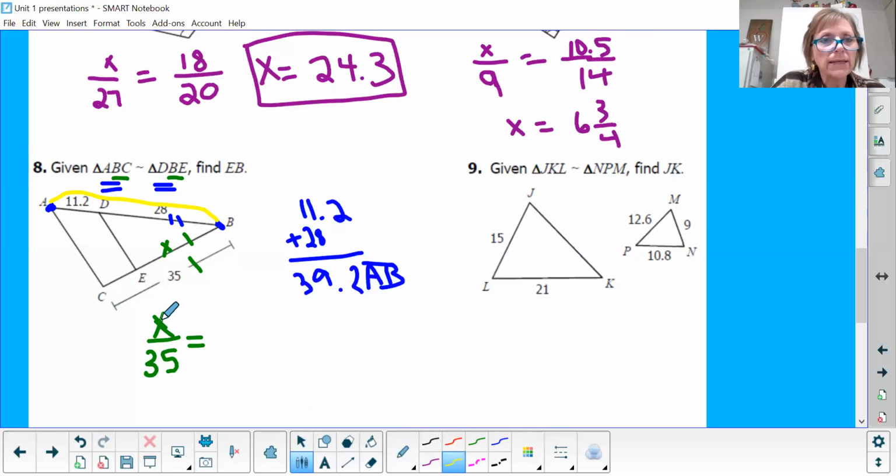So X is on the small triangle, so 28 is on the small triangle. And then its corresponding is 39.2. And then cross multiply and divide, and X comes out to be 25.